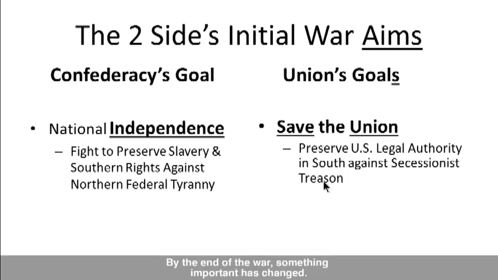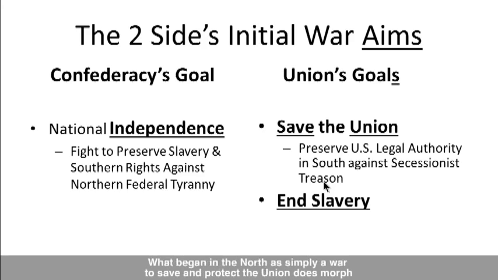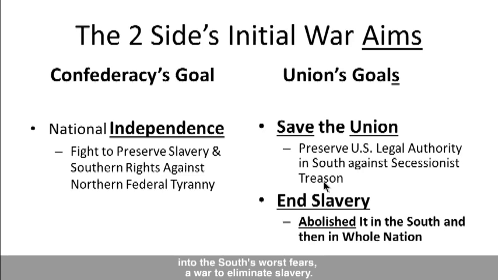By the end of the war, something important has changed. What began for the North as simply a war to save and protect the Union does morph into the South's worst fears, a war to eliminate slavery. The war will end by Union armies abolishing slavery in the South first, by the Emancipation Proclamation, and then in the whole nation by the 13th Amendment.